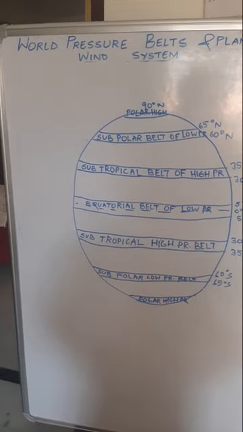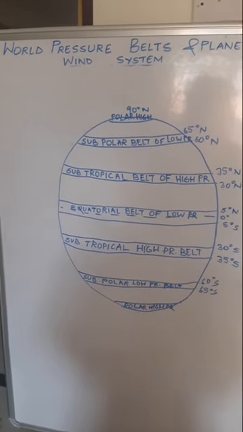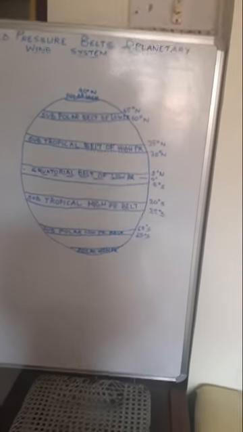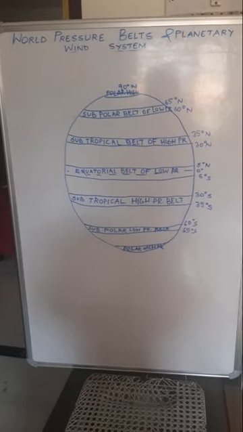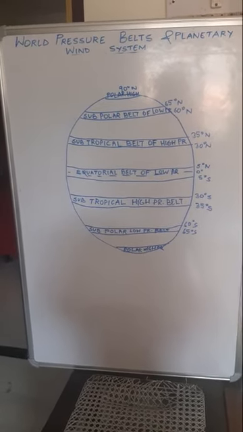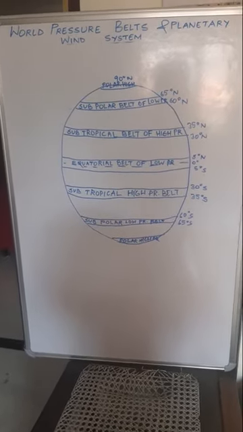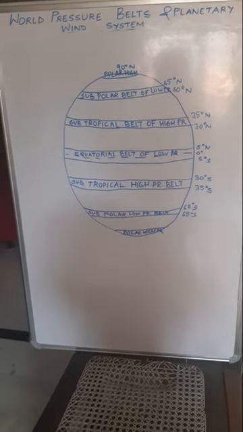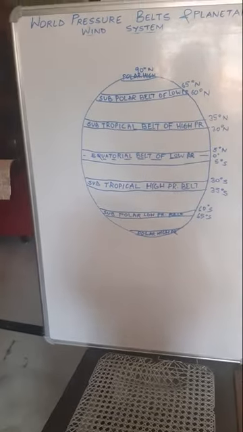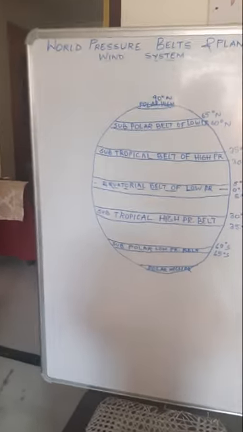So children, today we will study world pressure belts and planetary wind system. You can see I have already written it: world pressure belts and planetary wind system. They are permanent pressure and wind belts. I will come closer to the diagram so that you can see it better.